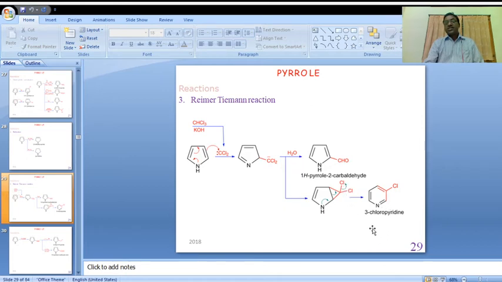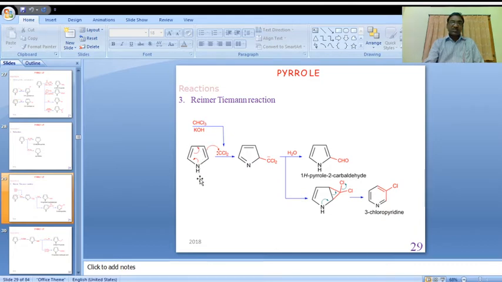From this reaction it gives a 6-membered ring. Please remember this special reaction. It is a well-noted name reaction. It gives 3-chloropyridine.